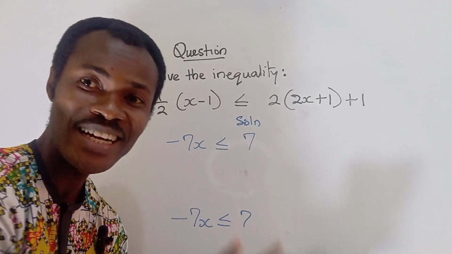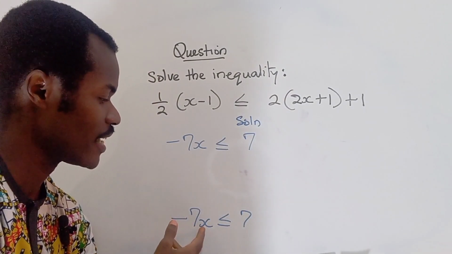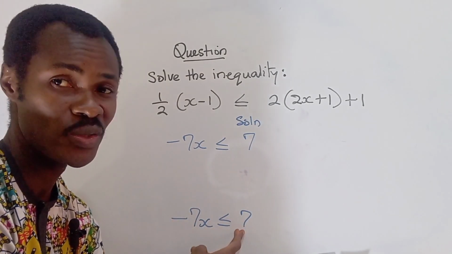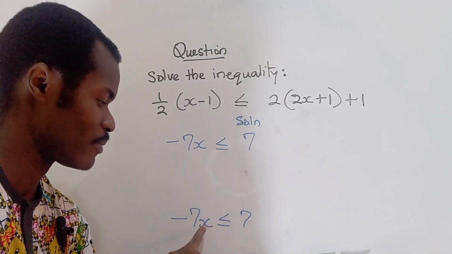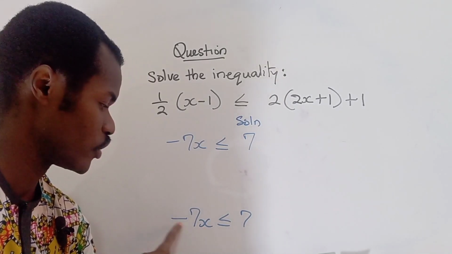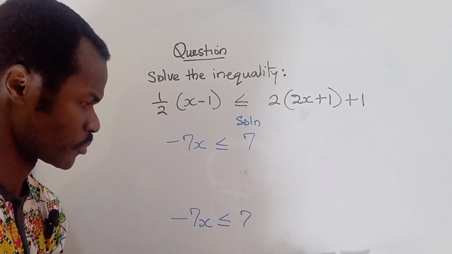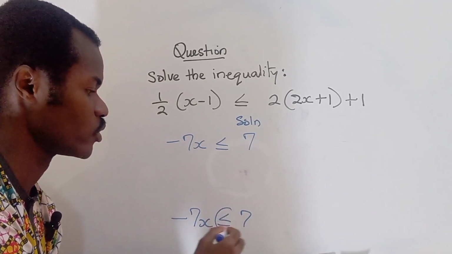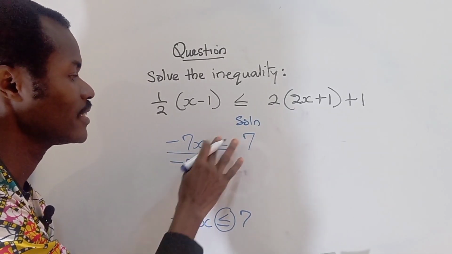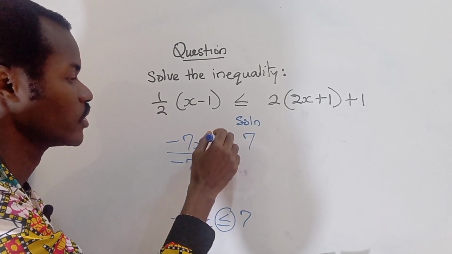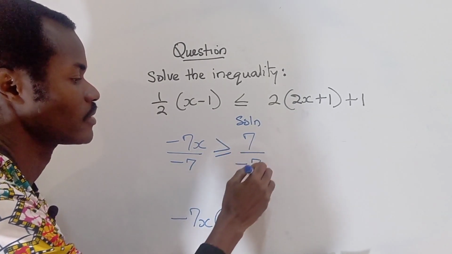So we have that simple expression to now solve for the value of x. From what we have done so far, we have minus 7x is less than or equal to 7. So all we need to do is divide both sides by the coefficient of x, which is minus 7. Now when I divide that, this sign is going to change to greater than or equal to, so I'm also going to divide this by minus 7.